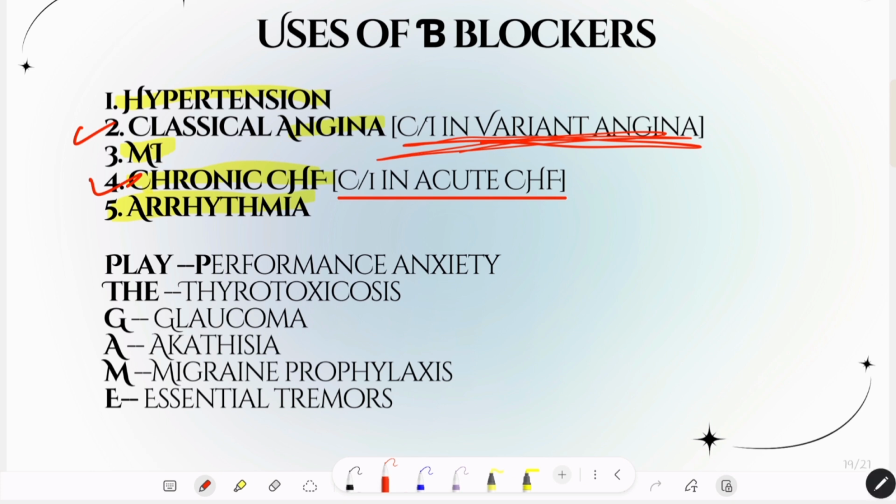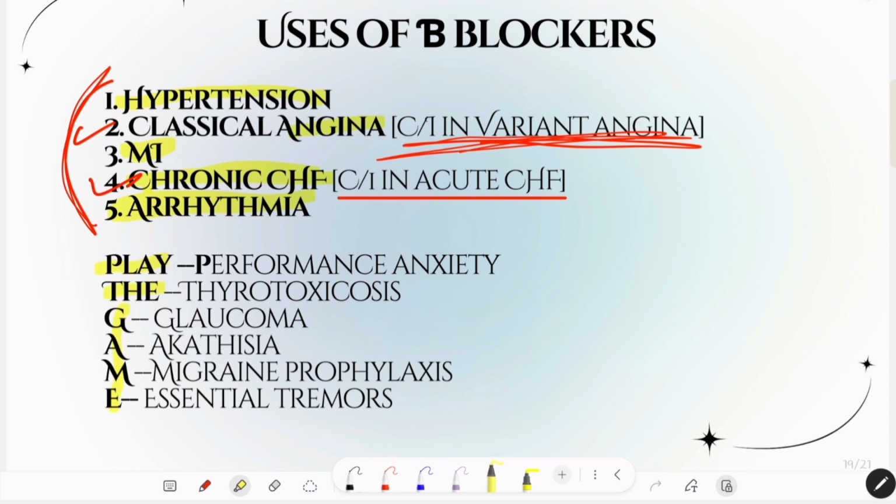These all 5 are cardiac indications of beta blockers, but there are some non-cardiac indications also. In non-cardiac indication, can you tell me which group of beta blocker we will use? Yes, we will use a non-selective beta blocker. And the conditions can be remembered by the mnemonic play the game.